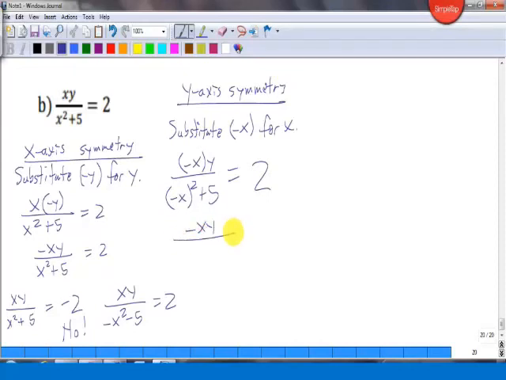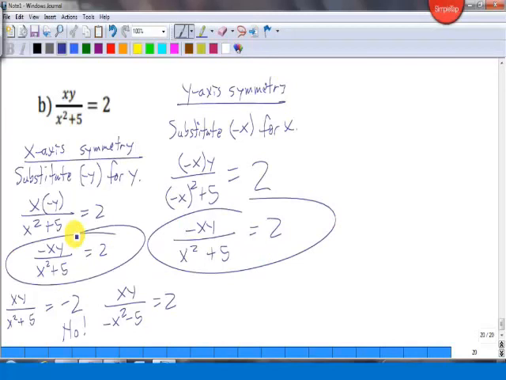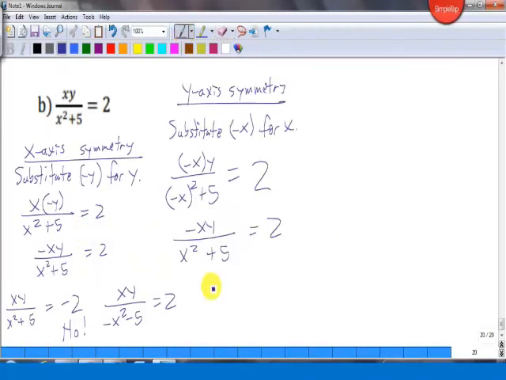What is the square of negative x? X squared, yes. So x squared plus 5 there. Now, we could belabor this, or we could just observe that this and this are the same. So if the first one wasn't equivalent to the original, the second one's not going to be either. So just a quick no. This does not have y-axis symmetry.